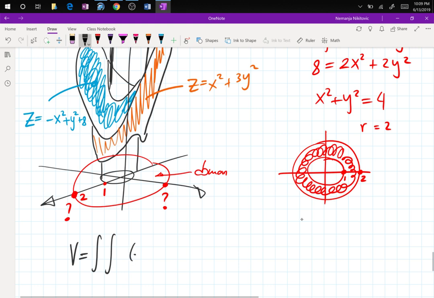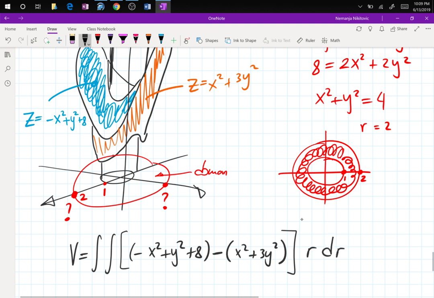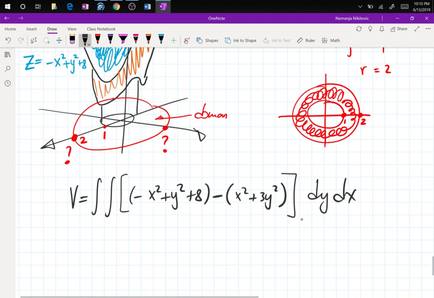So this is going to be negative x squared plus y squared plus 8 minus the second one, which is x squared plus 3y squared. Guys, this is like an area between two curves, except now it's two volumes. So you subtract the bigger volume, which is on top, which is blue, minus the volume below, the orange one, and then the difference would be actually what's in between. R dr d theta. Well, actually I have to call this one dy dx for now because I have to convert it first.